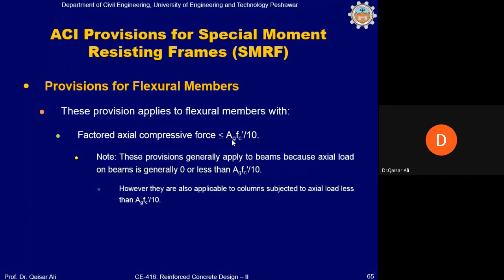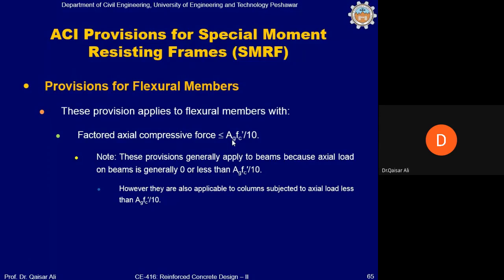Let's say from analysis we obtained 50 kip axial force on a member, and the axial load carrying capacity is, let's say, 100. So 100 divided by 10 is 10. Since the axial compressive force is more than 10, this provision will not apply.